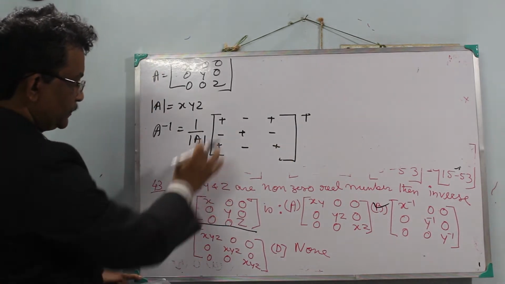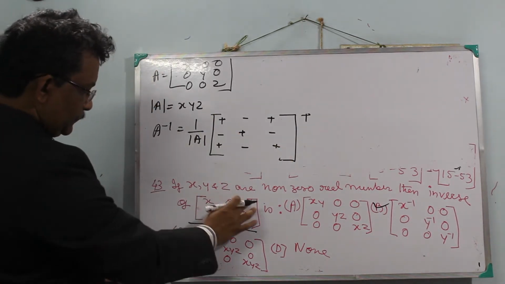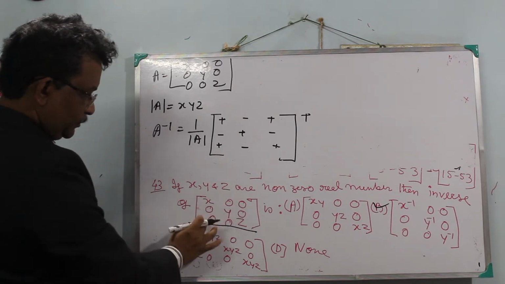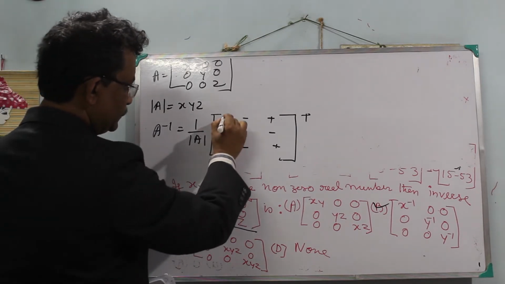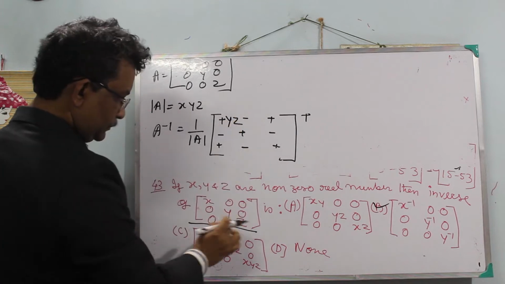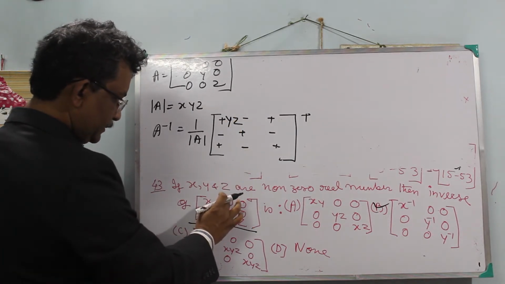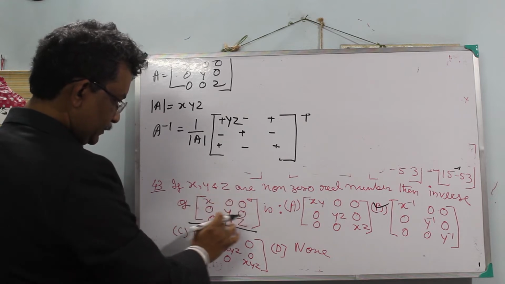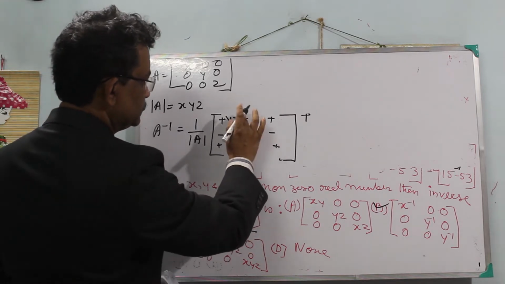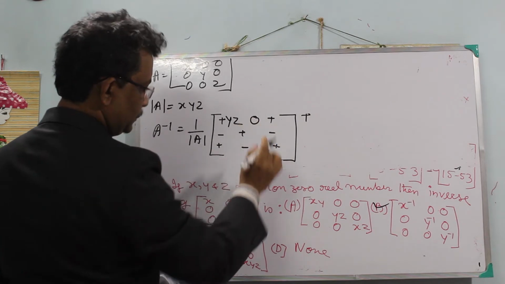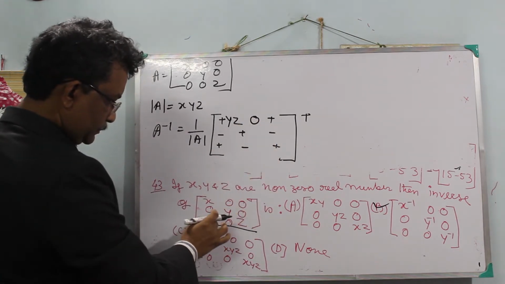So for this element, first row, first column, you may ignore. So yz, yz minus 0, yz. So for the second, this into this, 0 minus 0, 0. So this is 0. Third, 0.